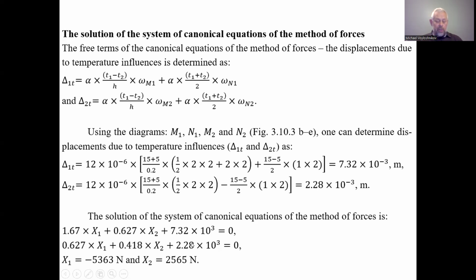After the solution of the canonical equations, we have the required forces applied to the ends of the main system, when we consider the compatibility of the deformation, making the main system out of the two times statically indeterminate assigned system.